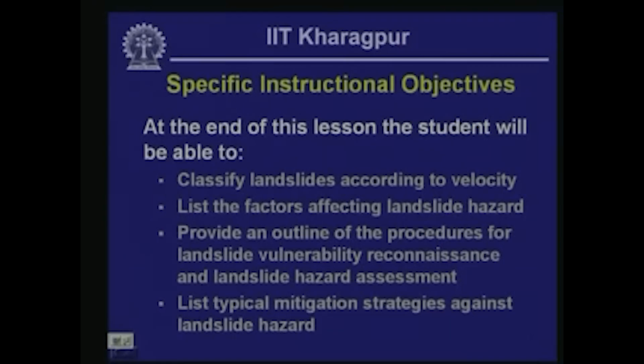Then we would like to be able to list the factors affecting landslide hazard. We would be able to provide an outline of the procedures for landslide vulnerability reconnaissance and landslide hazard assessment, and we would like to be able to list typical mitigation strategies against landslide hazard.